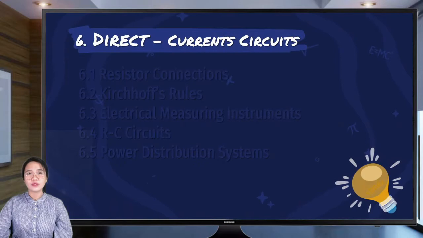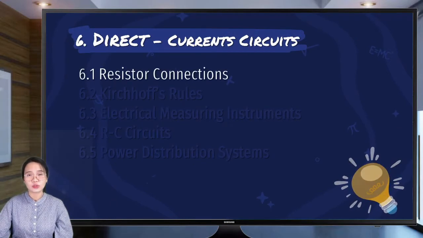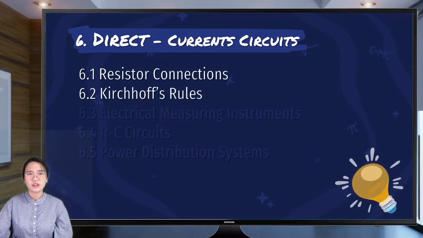For our first lesson, we have the resistor connections. We will have 5 lessons for this chapter. Lesson 6.2 will be Kirchhoff's rules. It is a German surname, so CH is pronounced differently with different preceding letters.